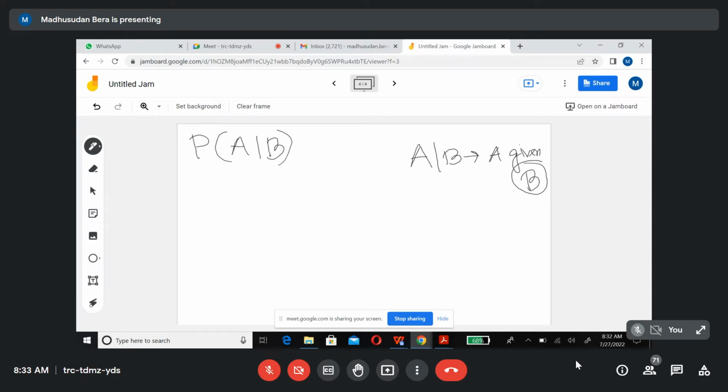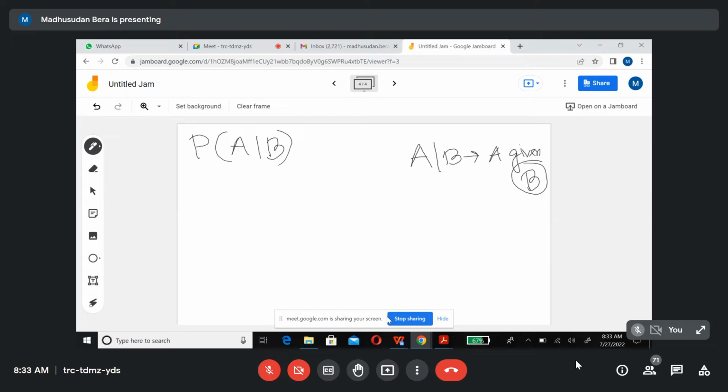Yes, sir. That means you can think of the new sample space as B. B has already occurred, and then, assuming that, inside B we will find the probability of A. Just for understanding, suppose there are a finite number of elements.